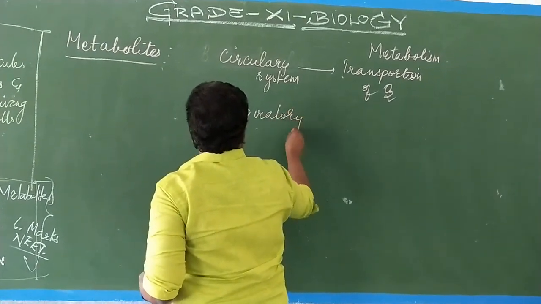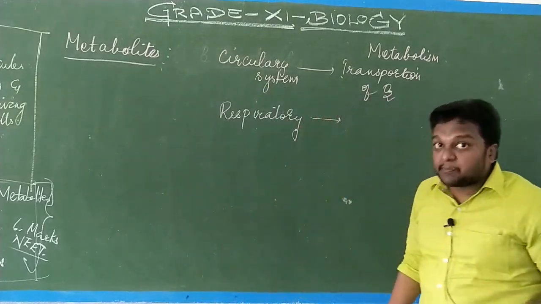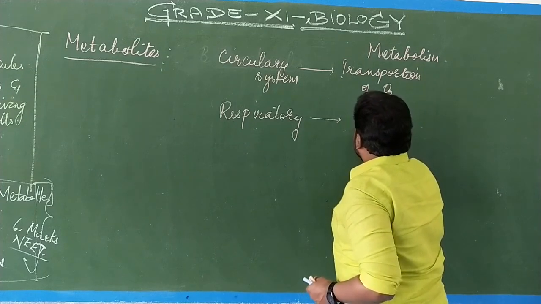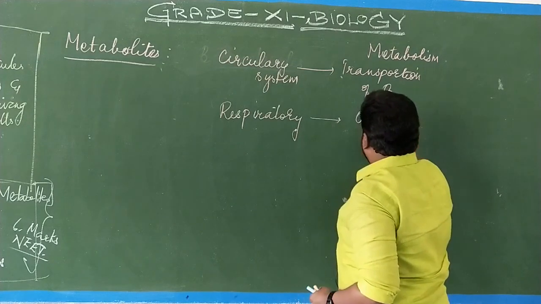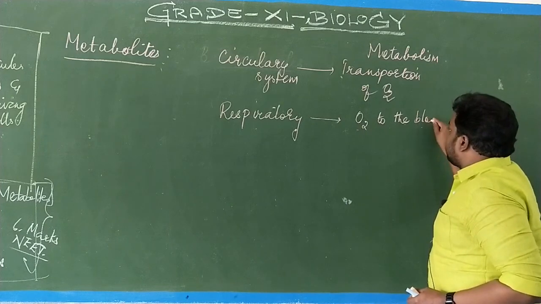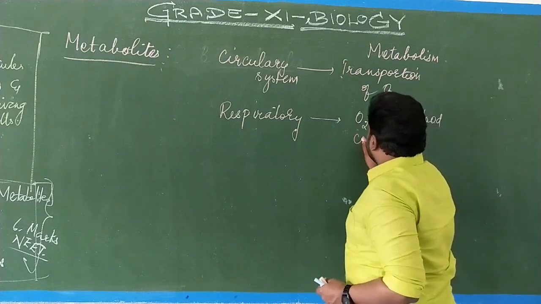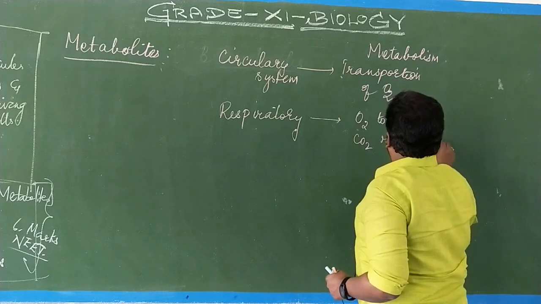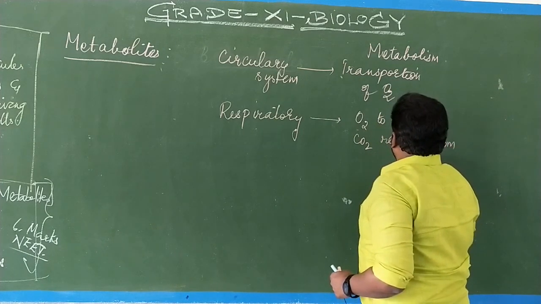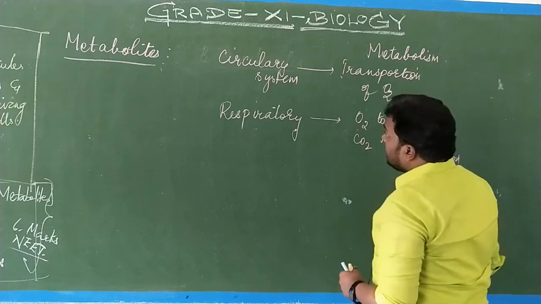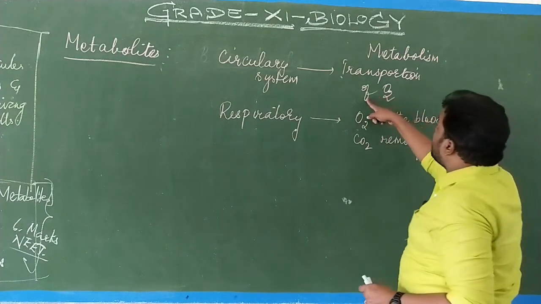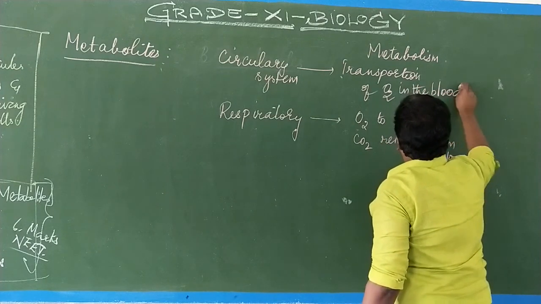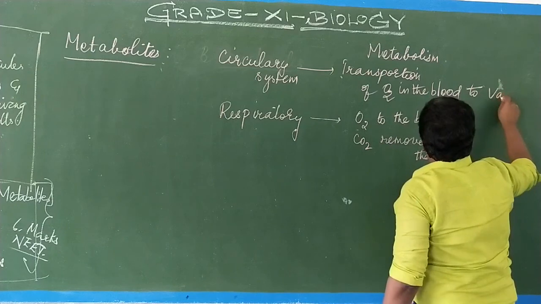All the systems are interrelated. The respiratory system supplies oxygen to the blood and removes carbon dioxide from the blood. Now the circulatory system transports the oxygen in the blood to various tissues in the body.